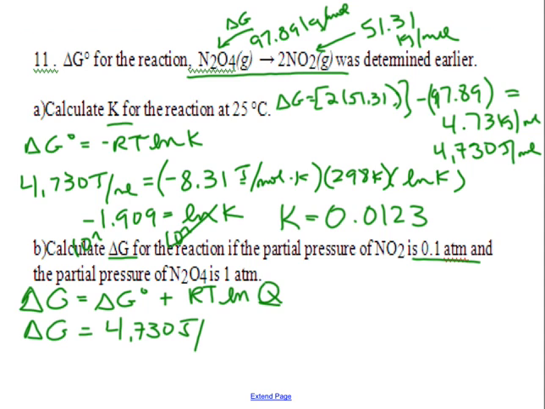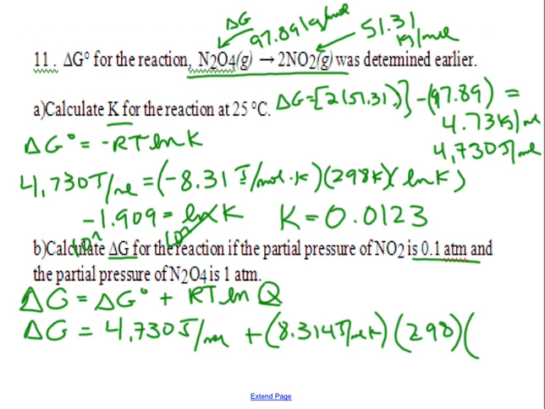4,730 joules per mole, plus R is 8.314 joules per mole K times the temperature of 298. Now, what's with this Q? You treat it just like K, but you do products over reactants.